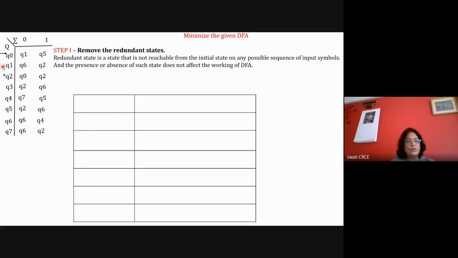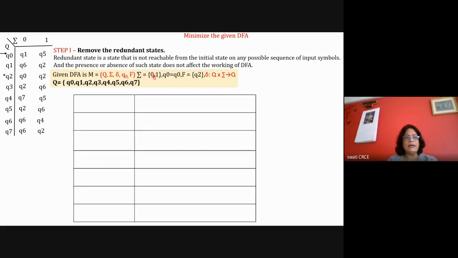Okay, so I'll see this transition table. My initial state is Q0, input symbols are 0, 1, and the final state is Q2. In step 1, I'll write down this. The given DFA is machine M equal to (Q, Sigma, Delta, Q0, F), where Sigma is equal to {0, 1}, Q0 is equal to Q0, final state is equal to Q2, and the transition is Q times Sigma going to Q. Writing this mathematical definition is important.